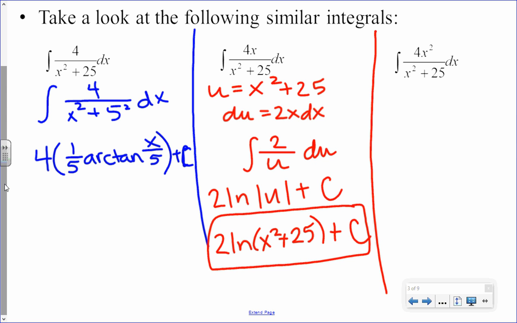Right. Okay, now this third example. What the heck do we do for this third example? We're about to learn.